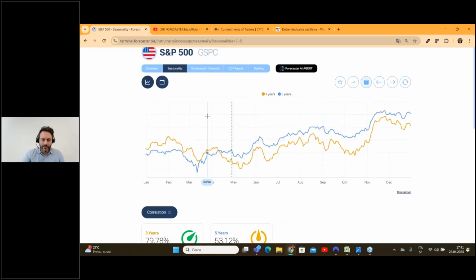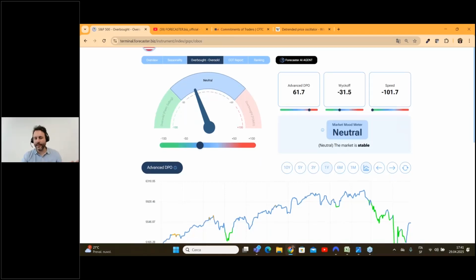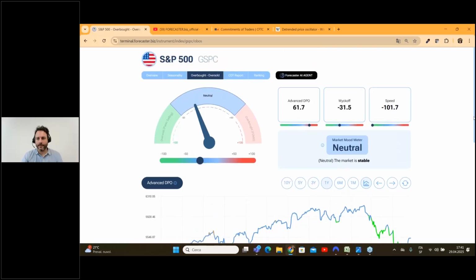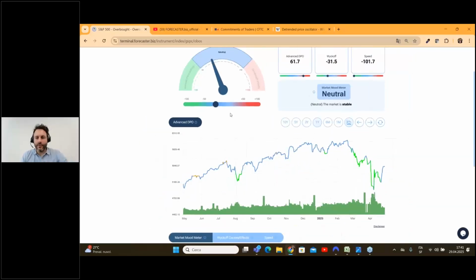If with seasonality, we use all the data coming from the past in order to understand if we have a specific pattern or not, with overbought, oversold, we use different kinds of indicators. All these indicators are based on statistical and mathematical data.